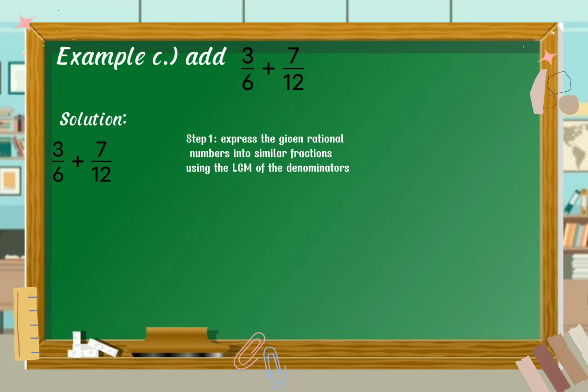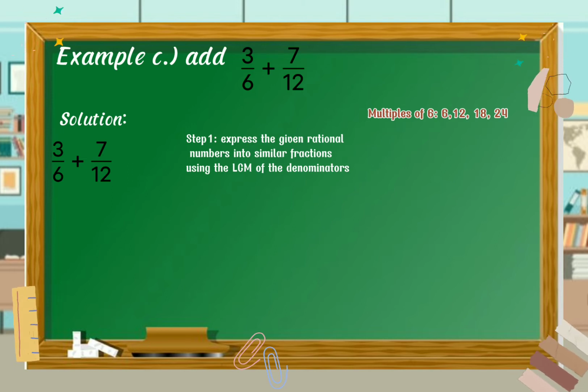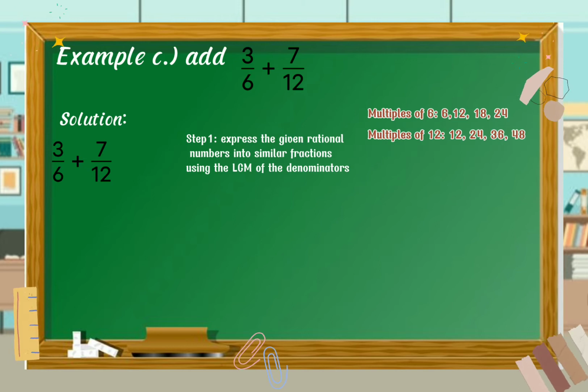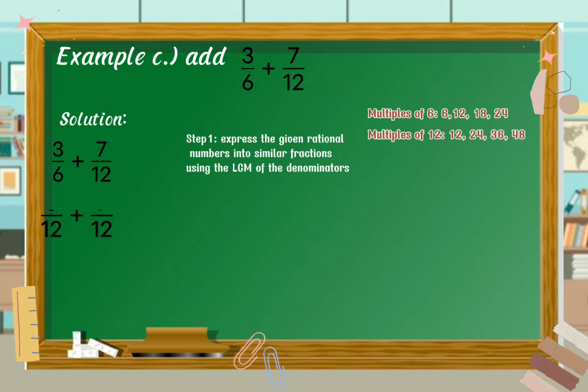So here we have the multiples of 6, which are 6, 12, 18, and 24. And the multiples of 12 are 12, 24, 36, and 48. As we observe, 12 is our least common multiple of 6 and 12. Therefore, we must use this as our new denominator.